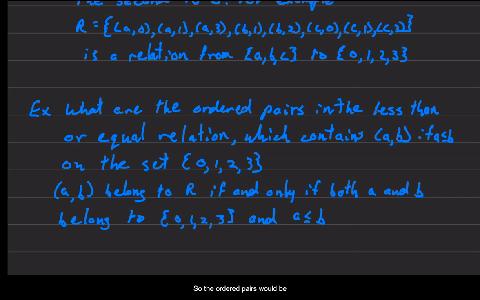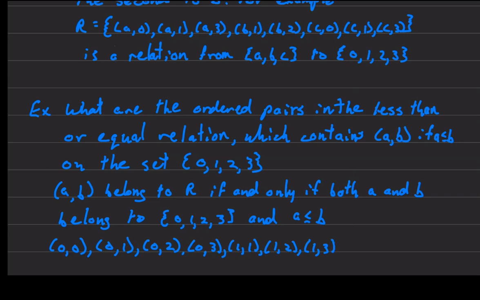So the ordered pairs would be (0, 0), because a is less than or equal to b in that case, (0, 1), (0, 2), (0, 3), (1, 1), (1, 2), (1, 3), (2, 2), (2, 3), and (3, 3).